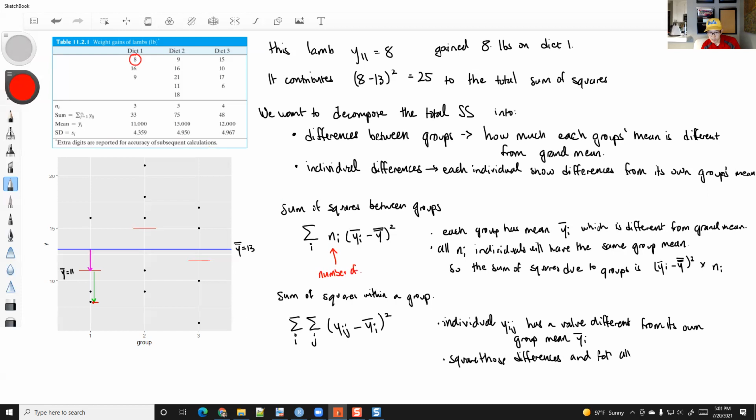So square the differences for all values within the group, sum, and repeat and sum for all groups.